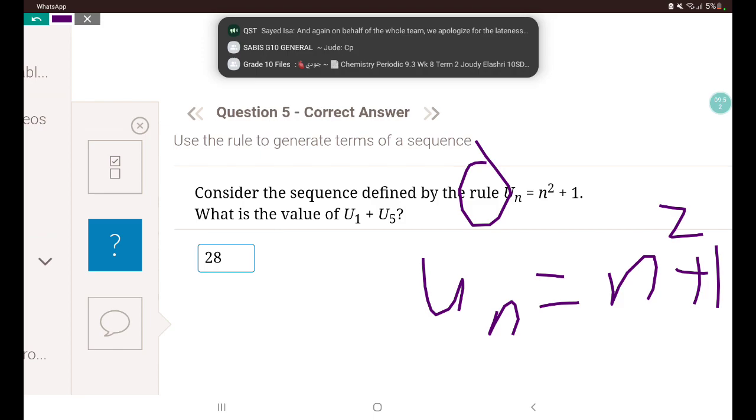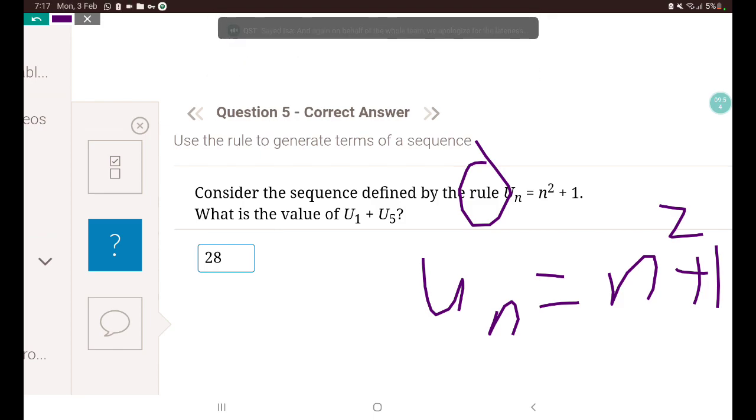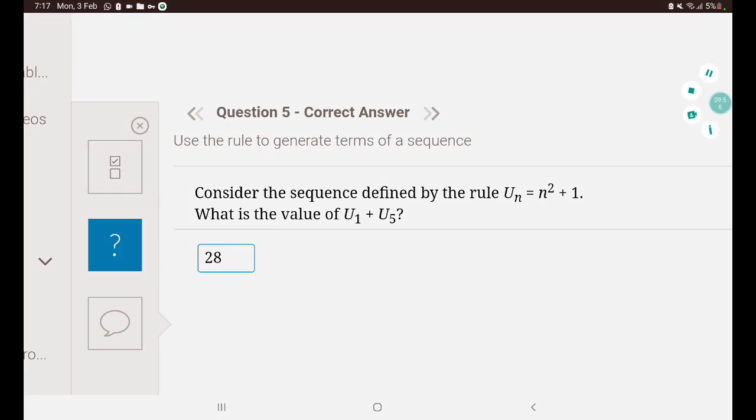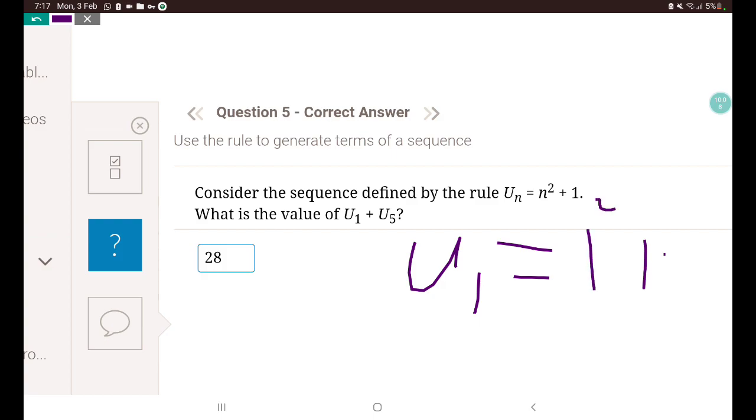First you find u1. To find u1, all you have to do is basically same thing. You write u1 equal n squared, you make it 1 squared plus 1. You do u1 equal to 1 squared is 1, 1 plus 1 is 2.